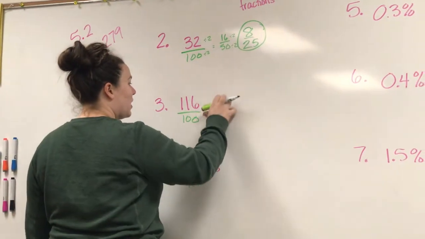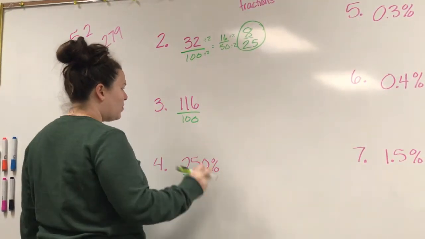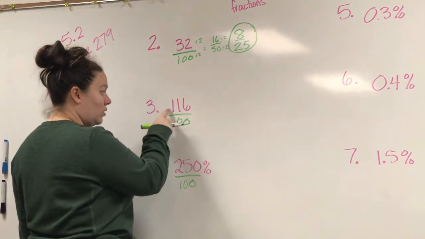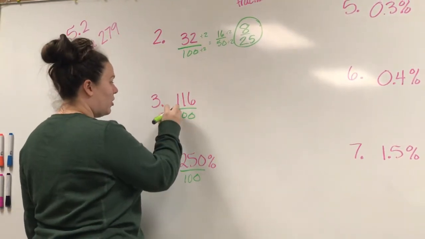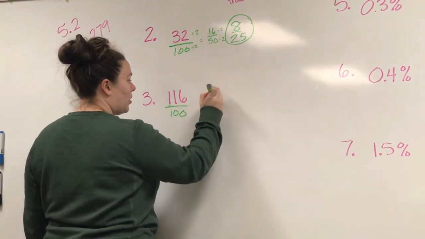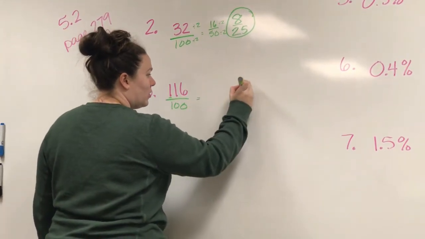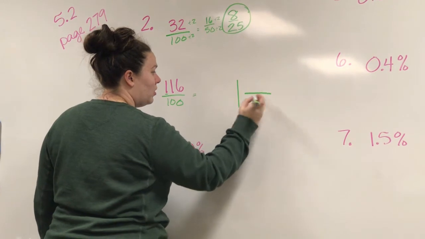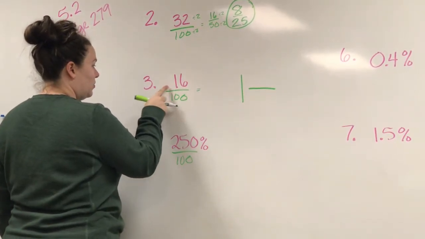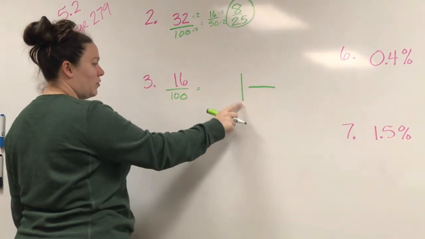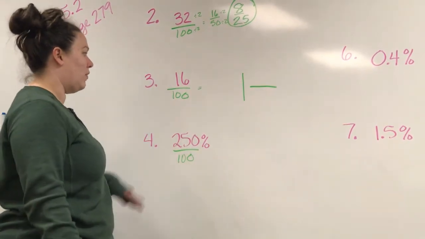Again, I'm going to erase my percent sign. I see that there is a whole, or over 100 right here. And whatever is in your hundreds place, that's going to be your whole number. So, I know it's going to be a whole number of 1. Because I already moved this over to a whole number of 1, then I can get rid of it.